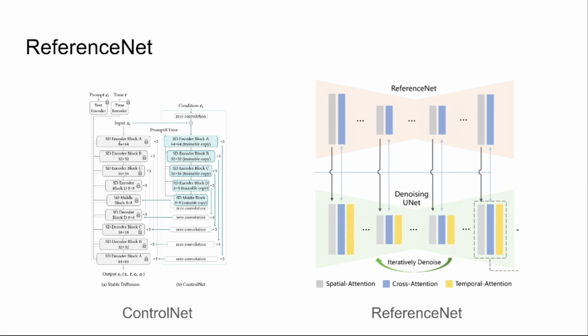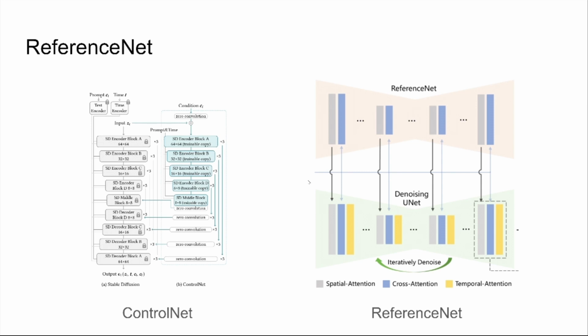For example, in control net, the left part is the original stable diffusion network, and in reference net, the lower one is the original stable diffusion network. So what they did is they copy the network to another instance. For example, in control net, the right one at the very beginning is identical to the left diffusion structure. And in reference net, we have the upper one and the lower one at the very beginning. They are identical.